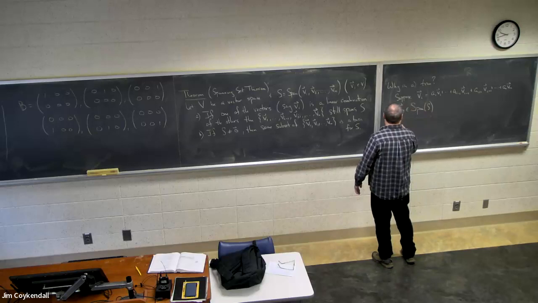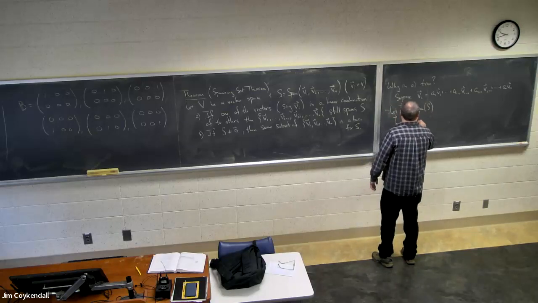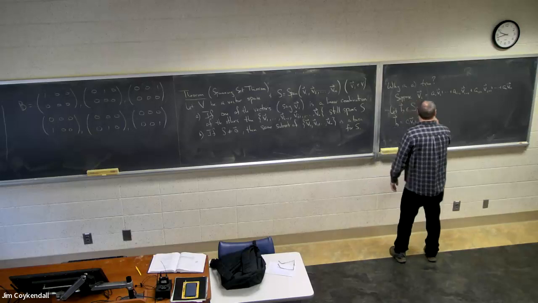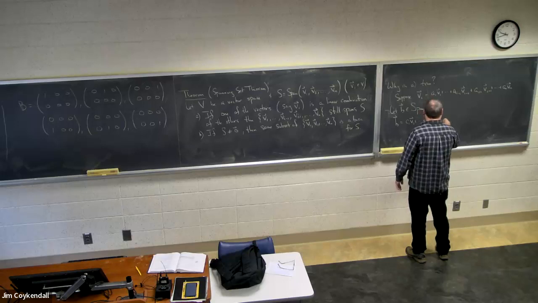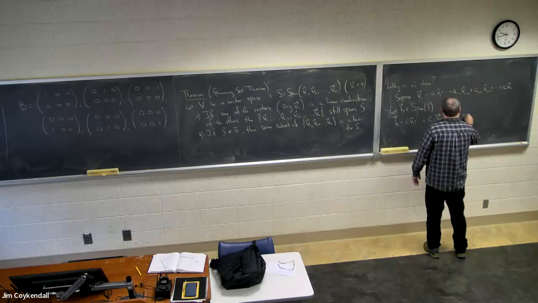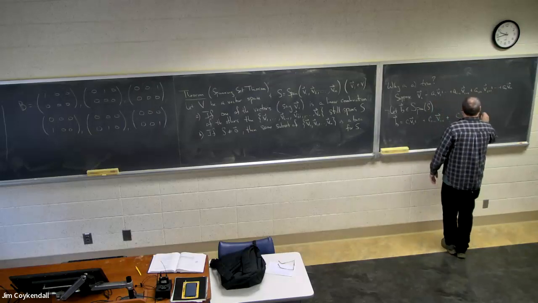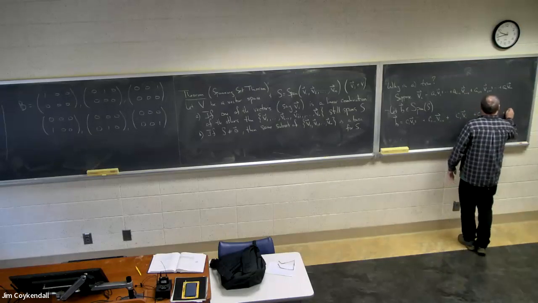That means b is equal to c1 v1 plus ... plus c_{i-1} v_{i-1} plus c_i v_i plus c_{i+1} v_{i+1} plus ... plus c_n v_n.